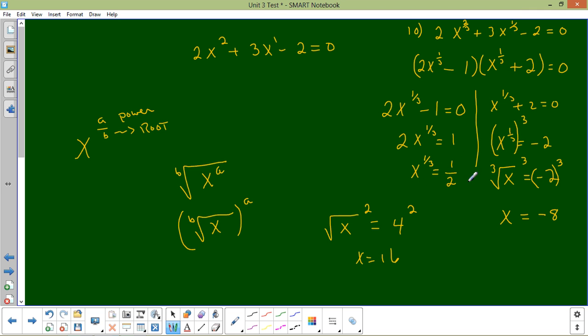And then you got the same situation that you just had over here on the right. You have a cube root. So to get rid of the cube root, you're going to raise it to the 3rd power. So what's 1/2 times 1/2 times 1/2? Well, it's 1/8. So your WebAssign answer, 1/8 and -8.